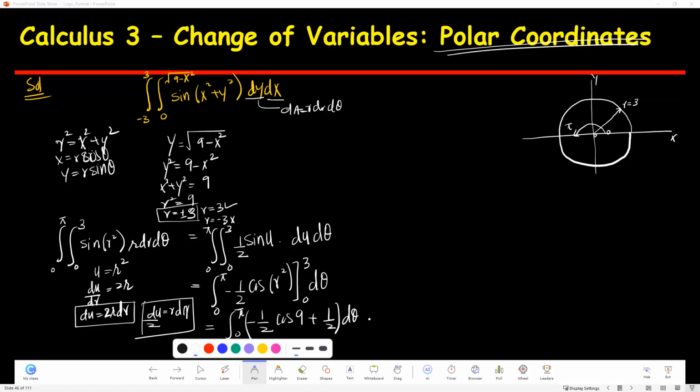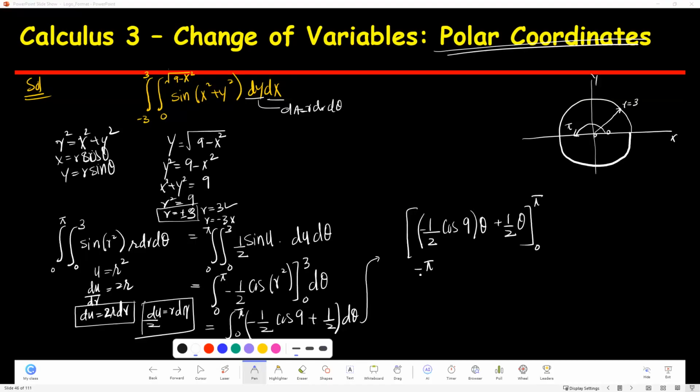Okay. Now here, due to crunch of space, I'm going to take the integral. So now I'm taking the integral with theta plus half theta, pi to 0.